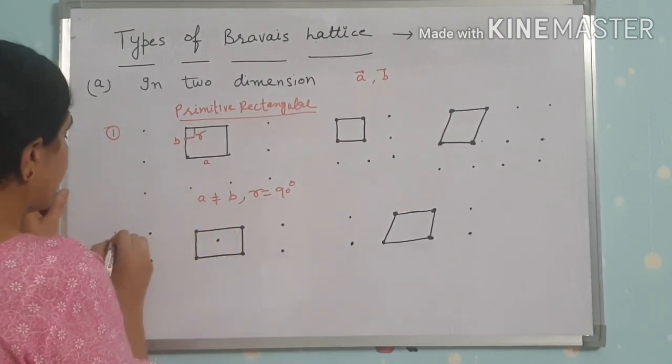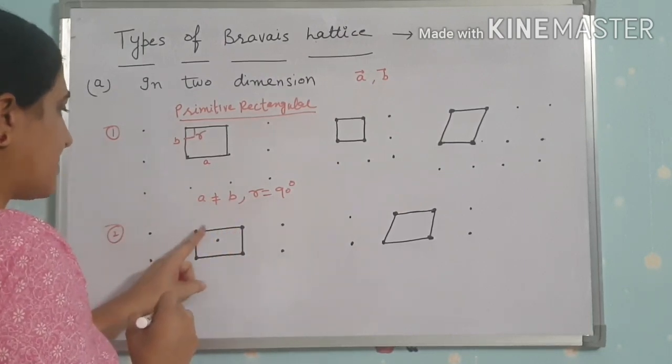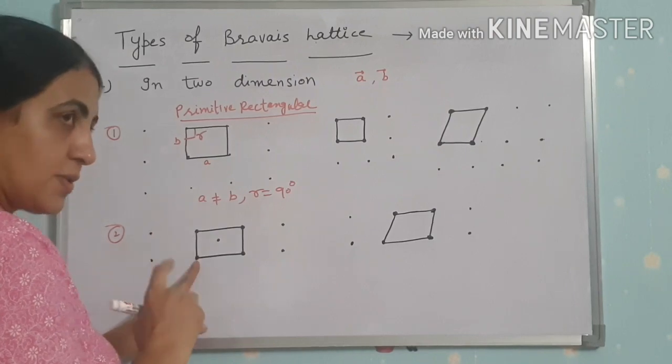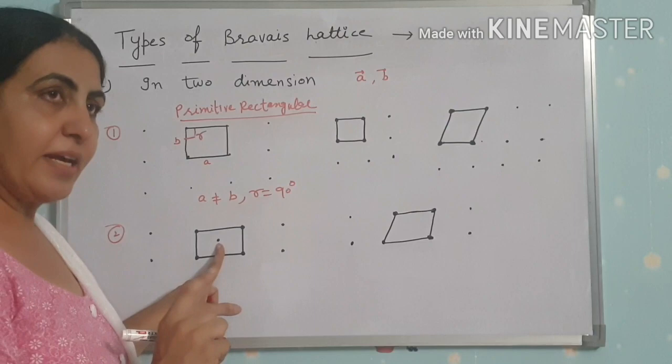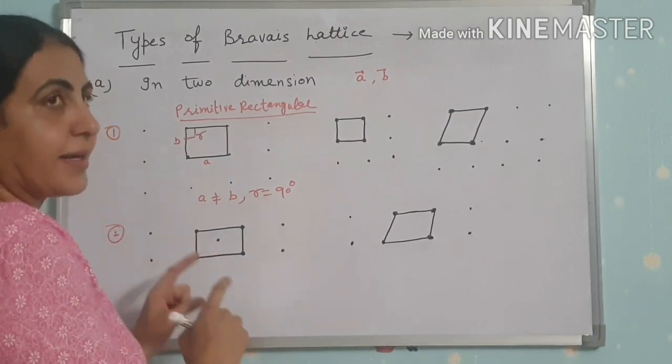Then the second. In this, atoms are at the lattice points at the corners, and also at the center. So this is not primitive, but a centered rectangular lattice.